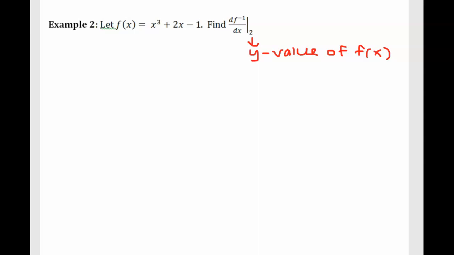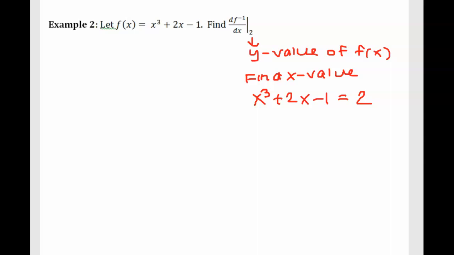So in order to find the x value, I'm going to have to find where that function equals that y value. So we're kind of looking for an intersection. We're looking for the intersection of y equals 2 and y equals x cubed plus 2x minus 1.